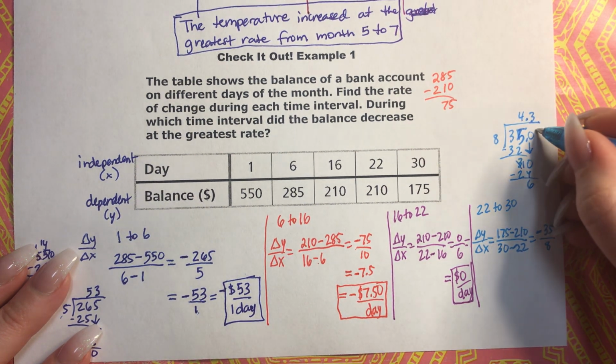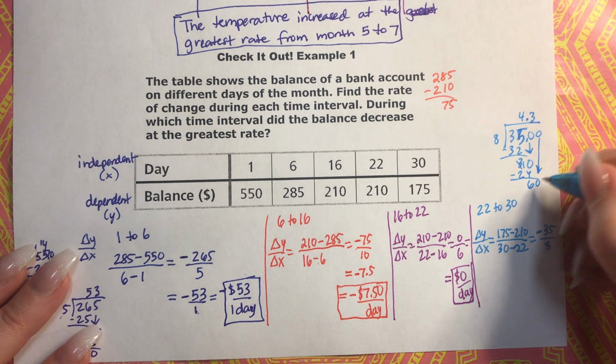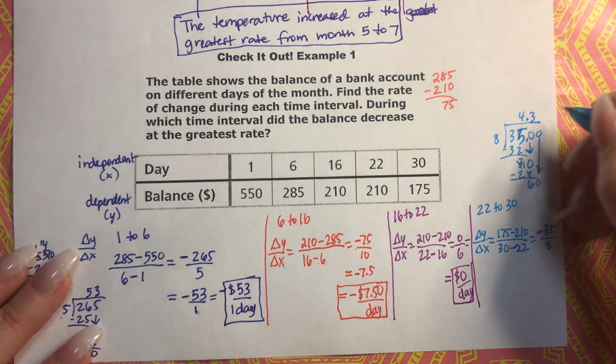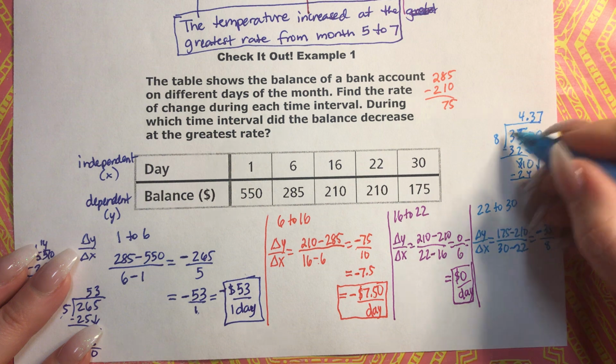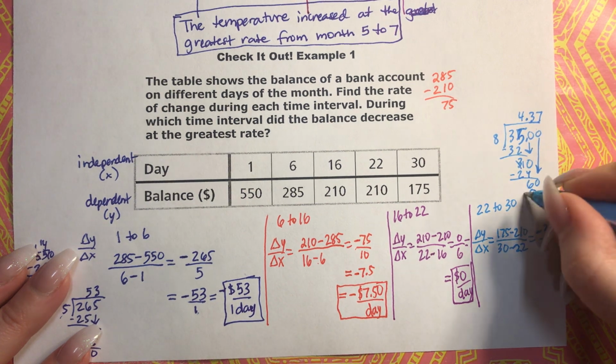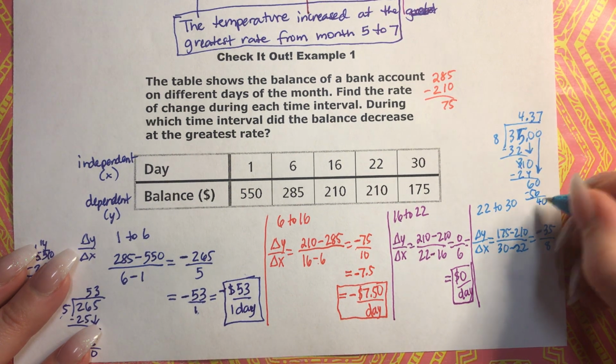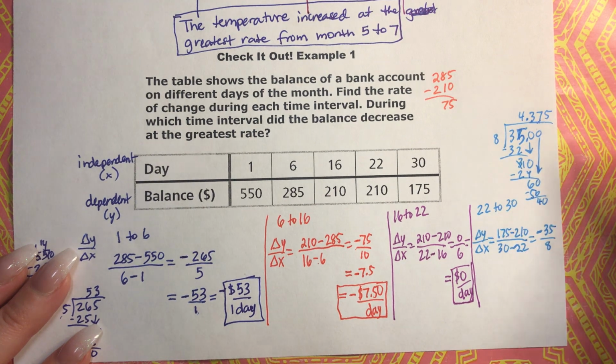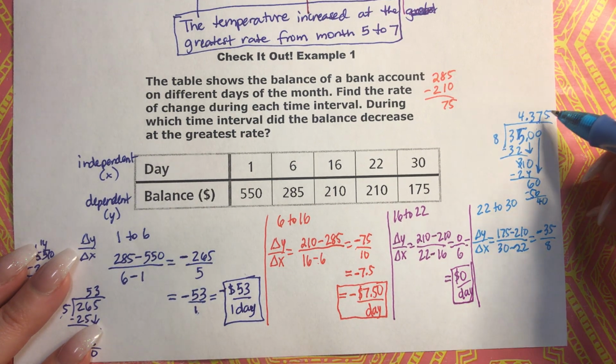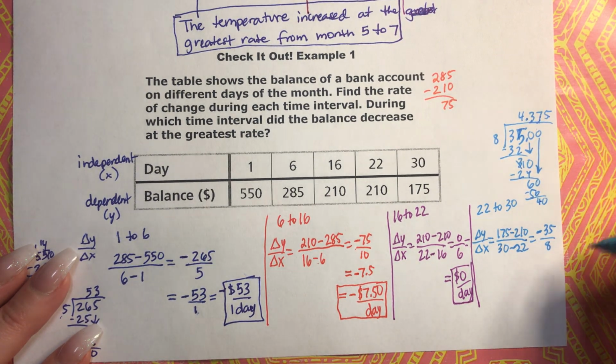Borrow, that's a 6. Drop it down again. We get 8 goes into 60 7 times. 7 times 8 is 56, which then is 40, which is then a 5, right? And so this 5 is going to round that 7 up to an 8.